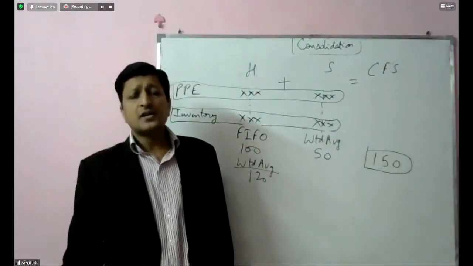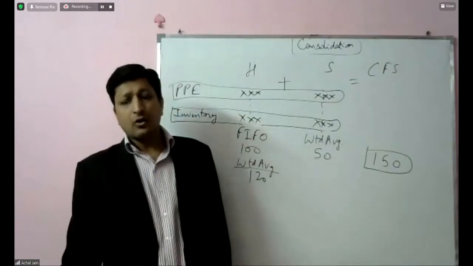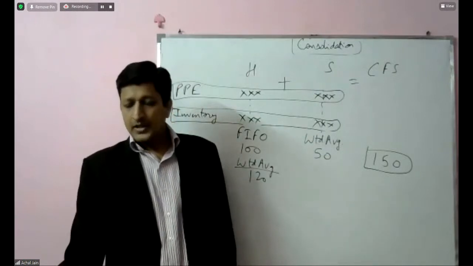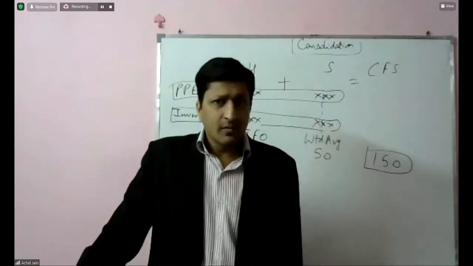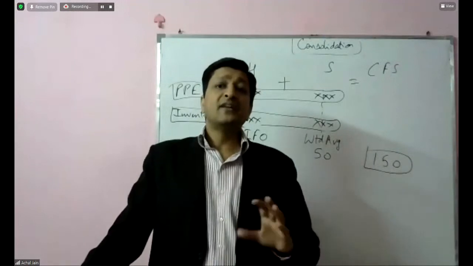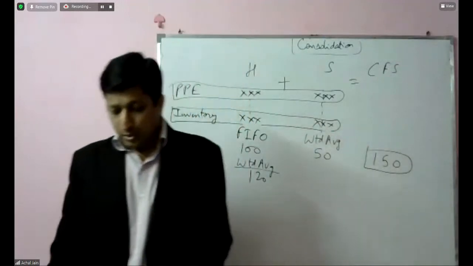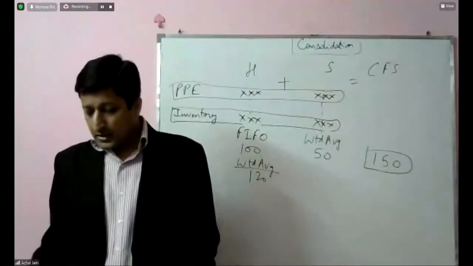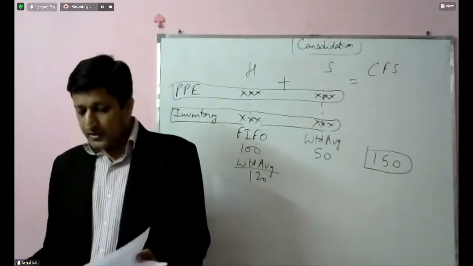Or in other words, the accounting policies of the group companies should be uniform. There should not be any difference in the accounting policies of the group. The group should always be following similar accounting policies.